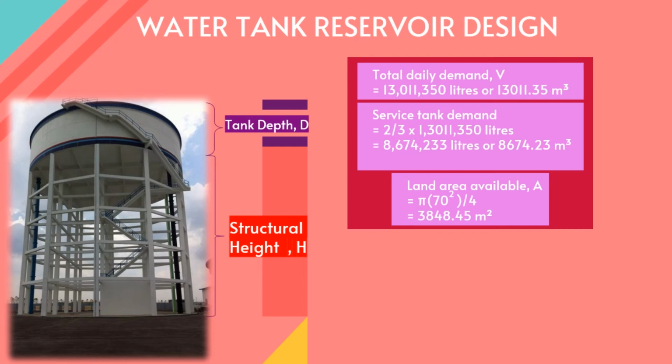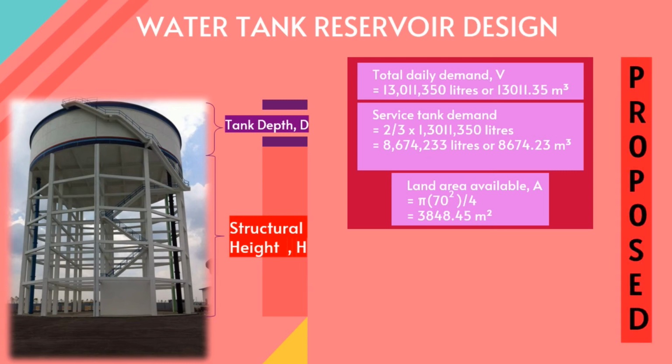Water tank reservoir design. The total daily demand for both phases is about 13 million liters per day. However, the service tank demand is only about 8.5 million liters per day. From that value, we need 3848.45 square meters of available land area.